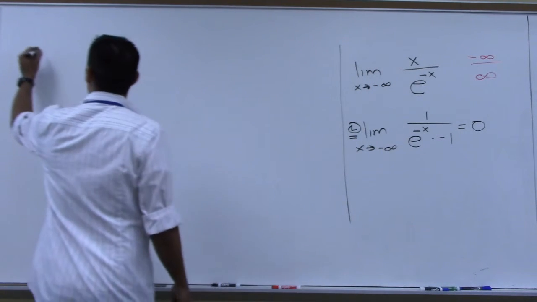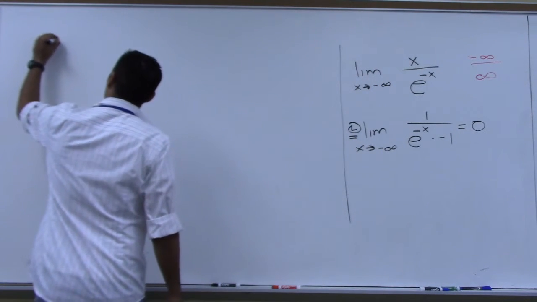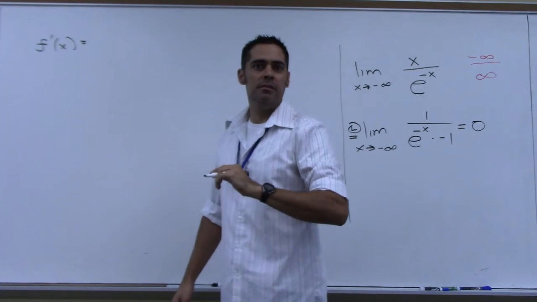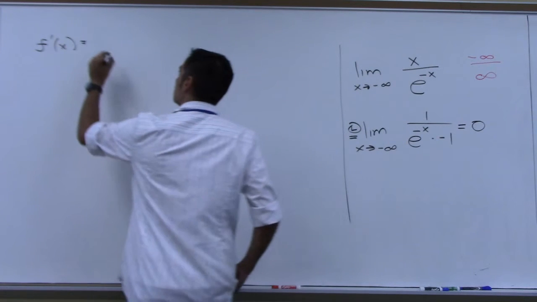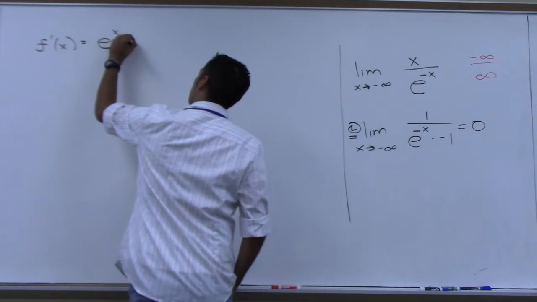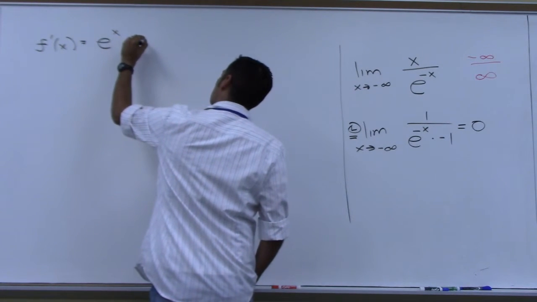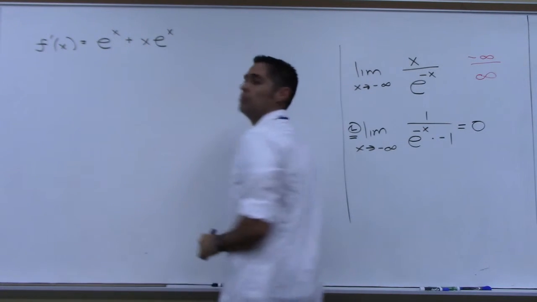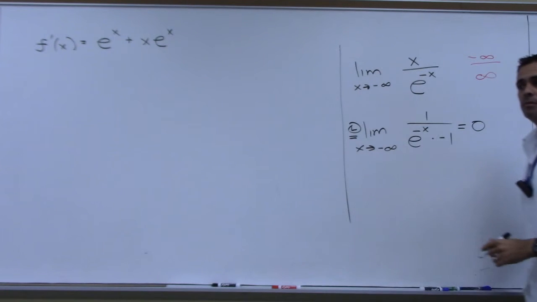All right, first derivative. I think the derivative's not going to be too bad. Would you agree? Little product rule there. e to the x plus x e to the x. That's the first derivative.